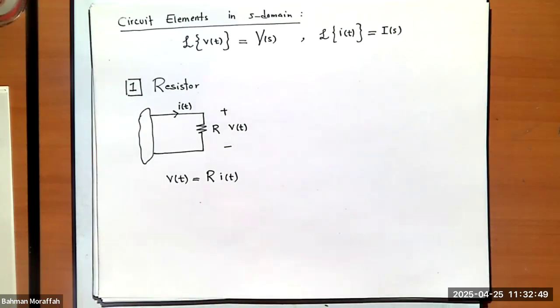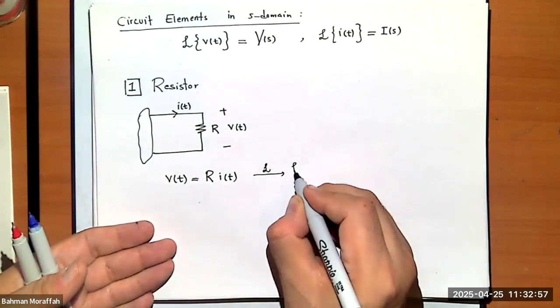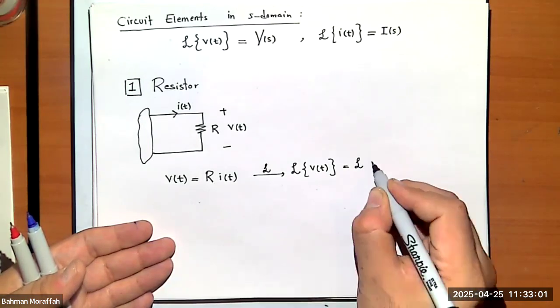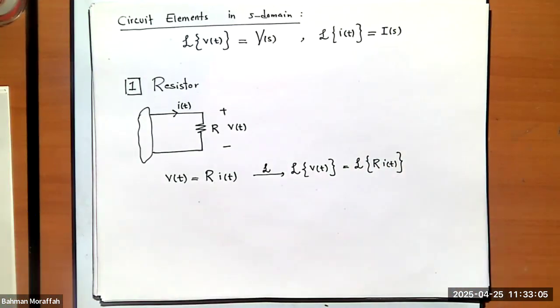This is an equality. I can take the Laplace transform on both sides of this equation. So I have the Laplace transform of V of t equals the Laplace transform of R times I of t. R is a constant, and the Laplace transform is a linear transformation, so I can pull that R out of this transformation.